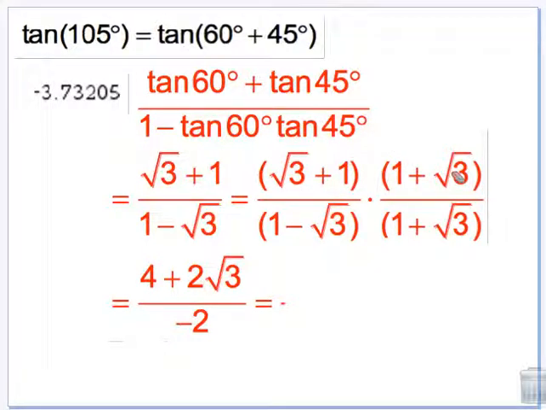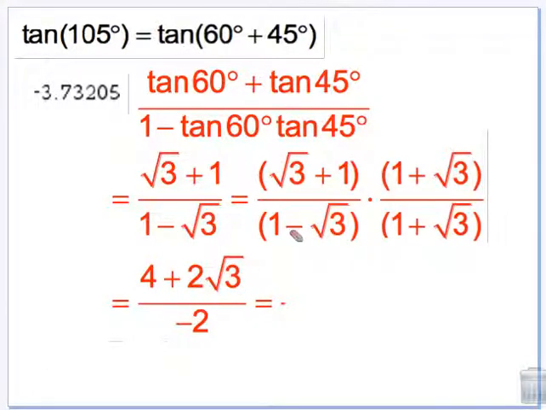Square root of 3 times square root of 3 is 3. And then 1 times the square root of 3 is the square root of 3. So we have 2 of the square roots of 3. We're going to combine those like that. And then 1 times 1 is just 1. So we have 3 plus 1 gives us the 4, and then the 2 square roots of 3, we combine it there.